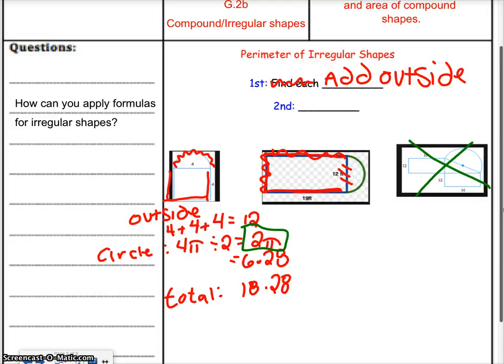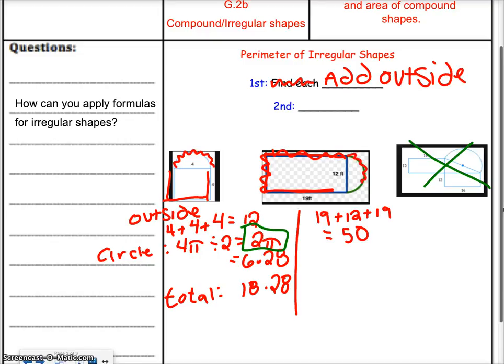That's on the inside of the shape. Okay, so I have 19 plus 12 plus 19, which is, what? 50? Even? Sweet.